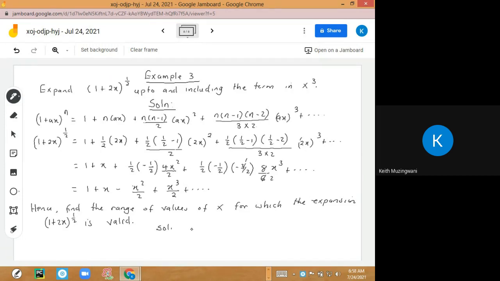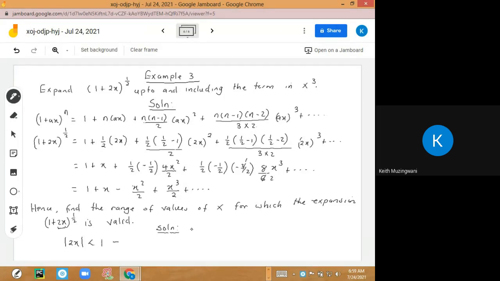Your solution, just get this part here, put it in the modulus, make it less than the a part, provided that your a part is positive.